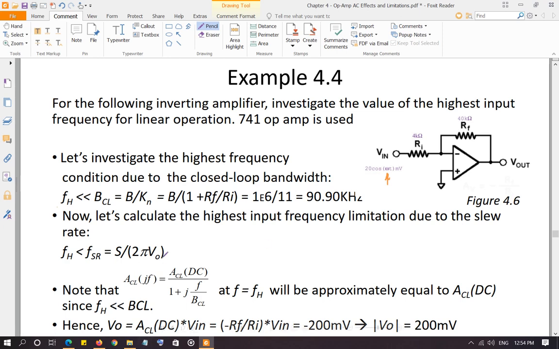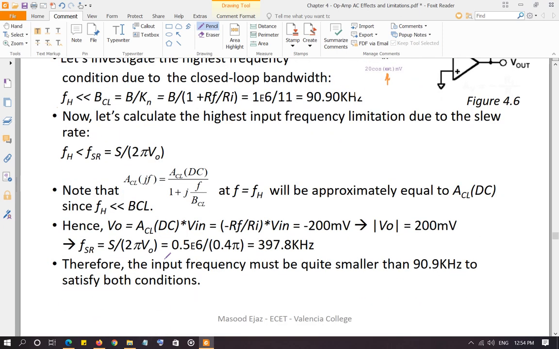You can go over this, and at the end you will see that BCL came out to be 90.90 kilohertz, and FSR came out to be 397.8 kilohertz.